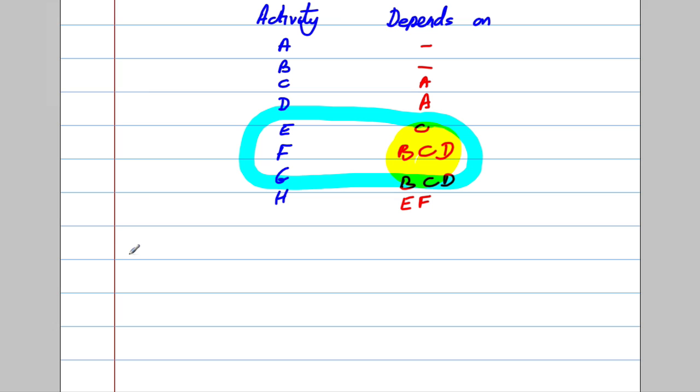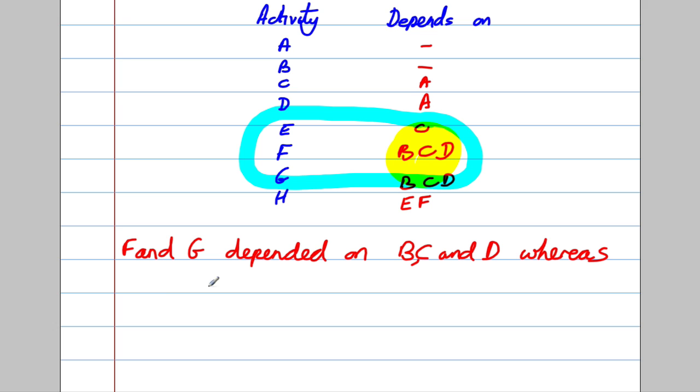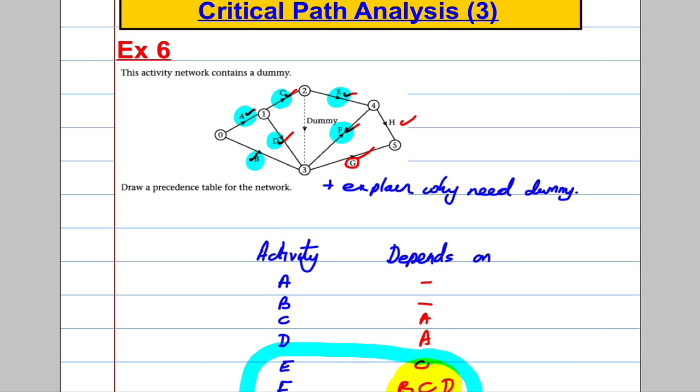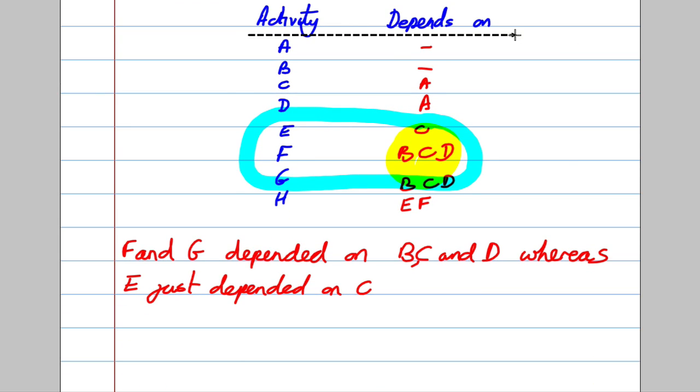And what we would state is that F and G depended on B, C and D, whereas E just depended on C. And we're done. So obviously we just draw a line in there just to make sure we had a table, but now we're done in that question. So I hope you found that useful on using dummies to draw activity networks.